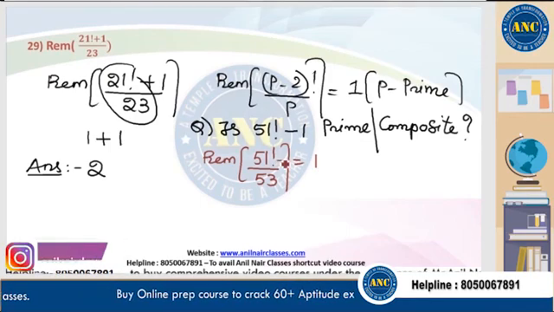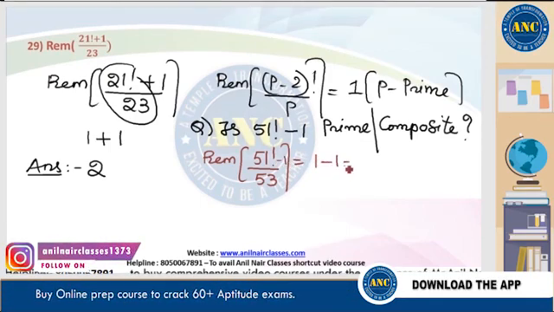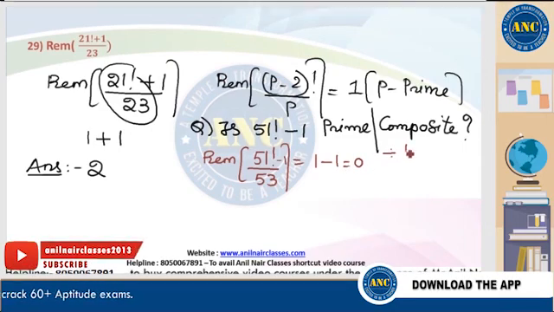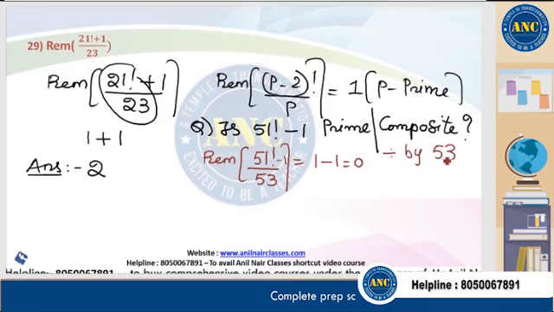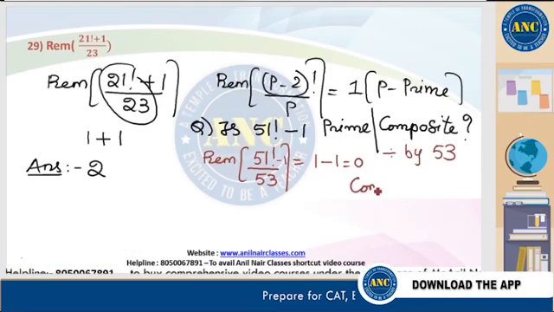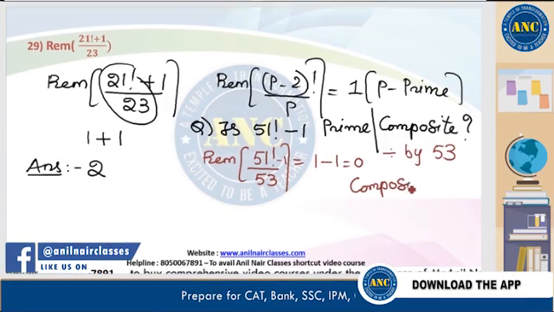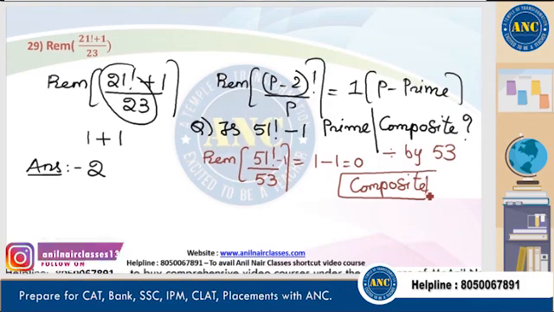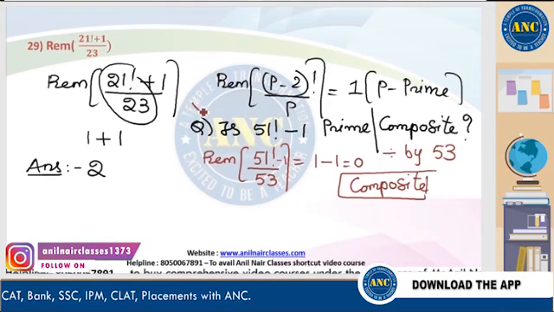So here it is minus 1, and 1 minus 1 is 0. That means 51 factorial minus 1 is divisible by 53. A number divisible by a number other than itself and 1 cannot be prime, so the answer for this question is composite.